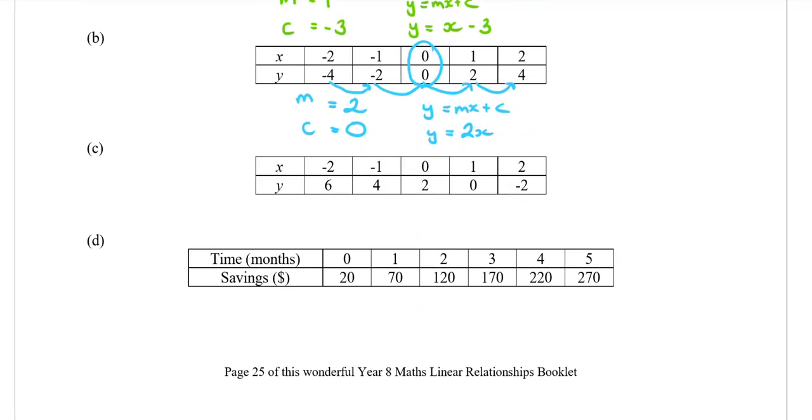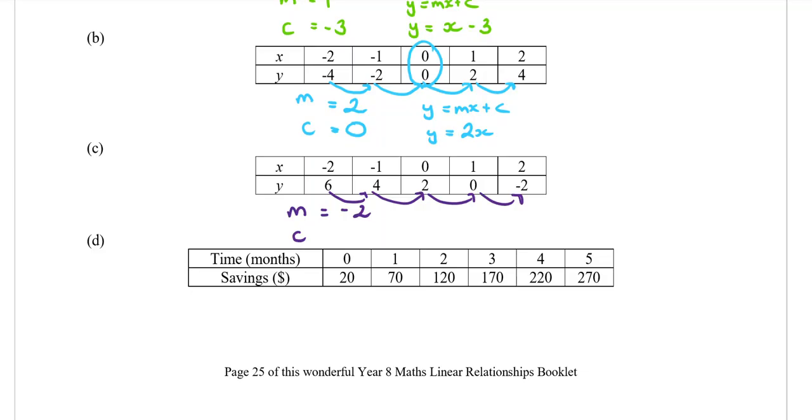Part C, m. These numbers here going across, they're actually going down this time. Normally they go up, so this one's a special one. If they're going down, that means I'm going down or minus 2. They're minusing 2 each time as you go across.